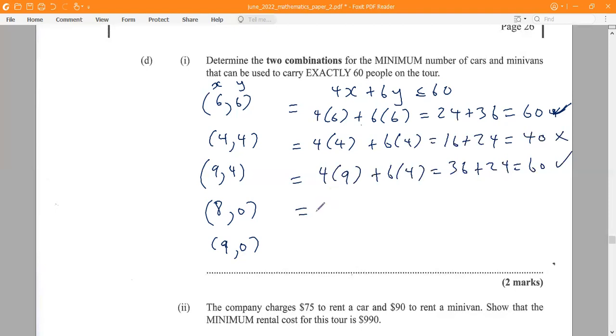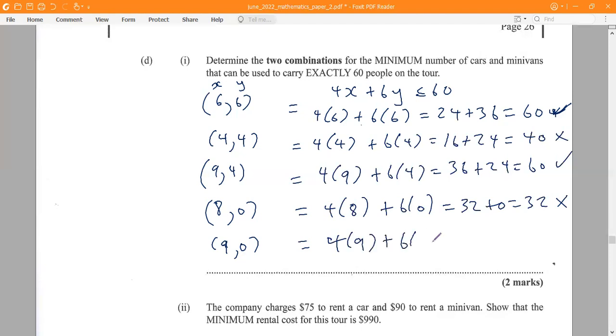So we have our 2 answers already, but let us just work out the others just to make sure. 4 times 8 plus 6 times 0 is 32 plus 0, which is 32. This is eliminated. And 4 times 9 plus 6 times 0 is 36 plus 0, which is 36, also eliminated because we want exactly 60. So we have found our 2 combinations.